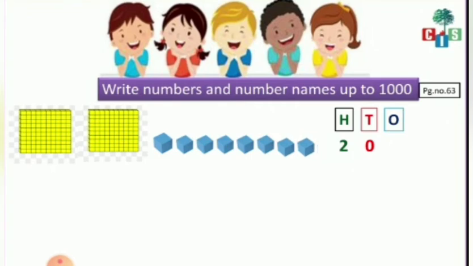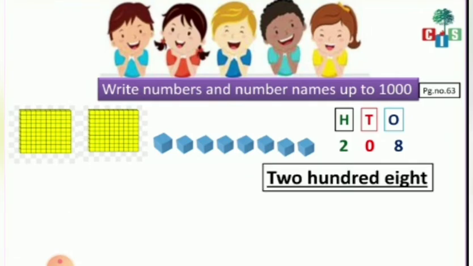So what I've got to write? 8. Now read it. 208. So here is your answer. 208. Your spelling of 100 should be right. Okay? And rest spelling you all know, right?